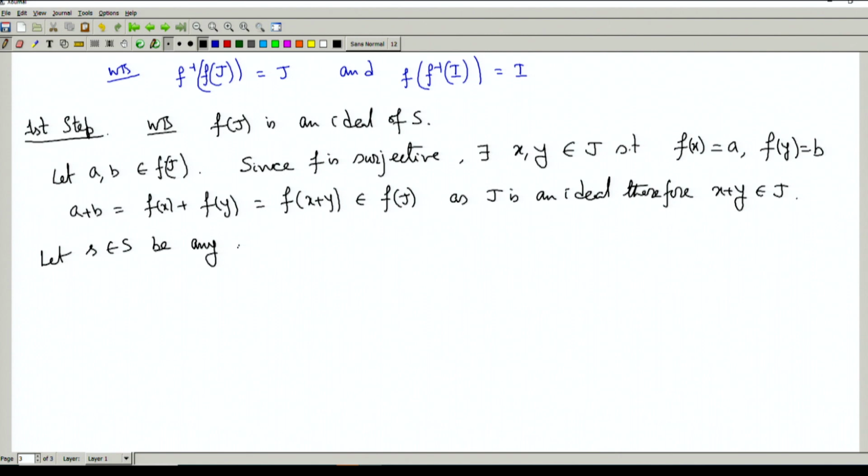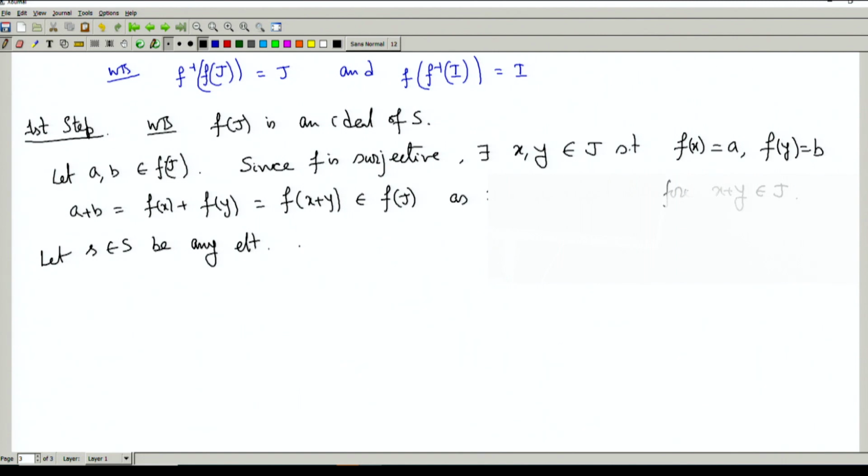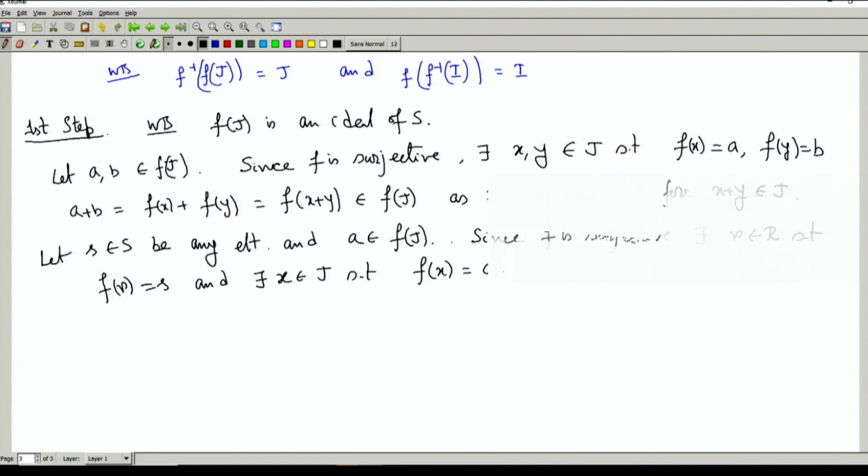So, let s be any element in S, and suppose A is any element in f of J. Then I would like to show that their product A s is again in f of J. Since f is surjective, there exists some element r in R such that f of r will be equal to s, and there exists some x belongs to J such that f of x will be equal to A. Since A is in f of J, there will be some element in J that I am calling x such that f of x will be equal to A.